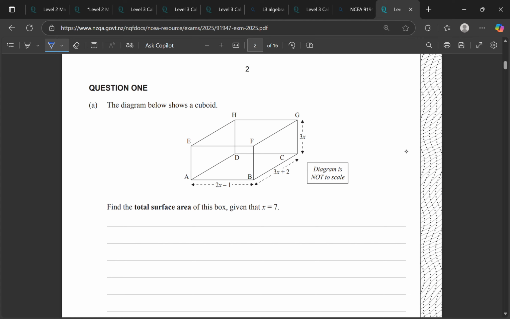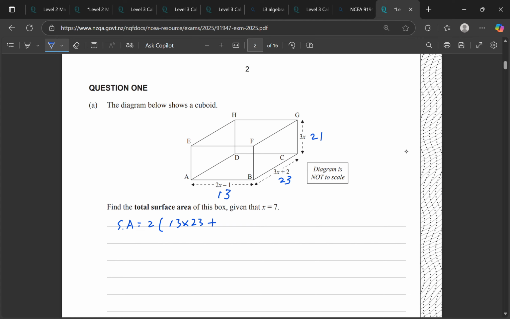13, right? And this is 23, and this is 21. So surface area means 2 times, I'm going to start with bottom and top. So 13 times 23, and it doubles because I said 2 times. And then I add the sides.